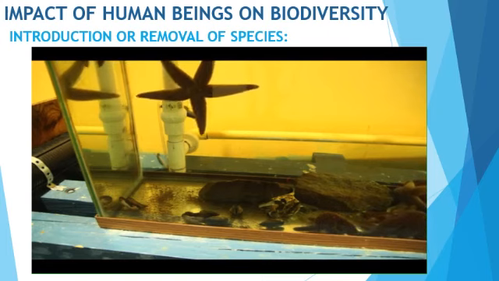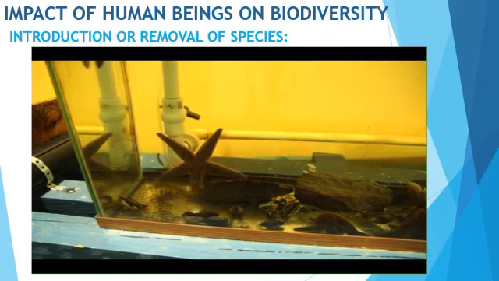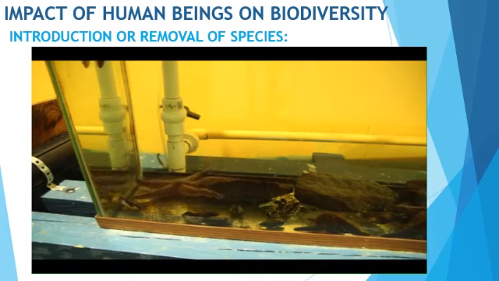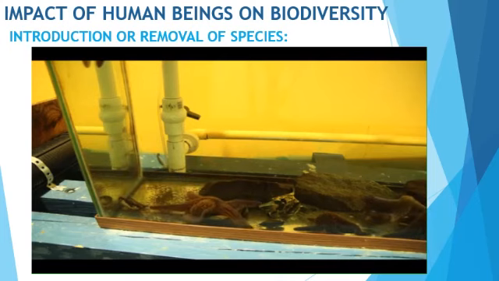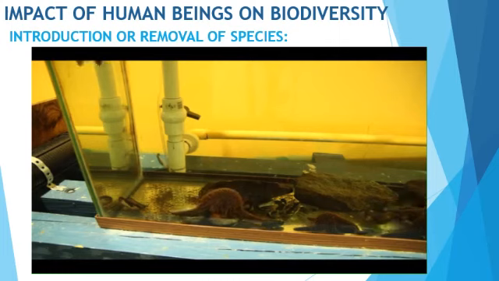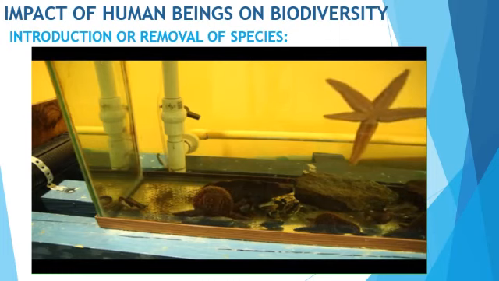In this way, they can become a reason behind removal of any species from the ecosystem. So, the presence of starfish keeps a balance in the ecosystem.